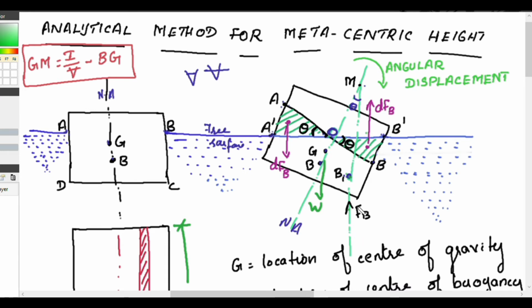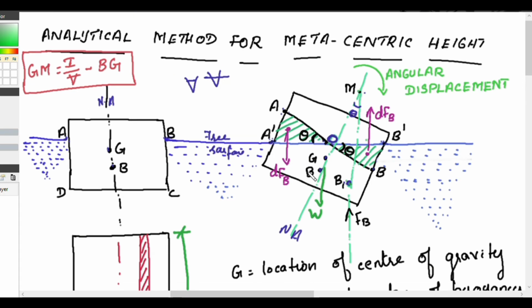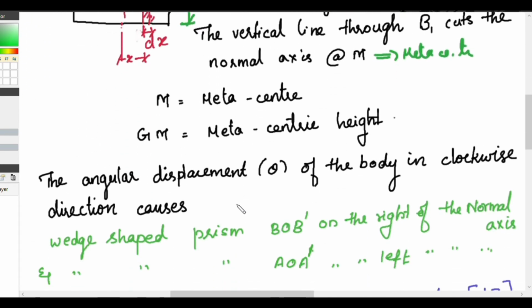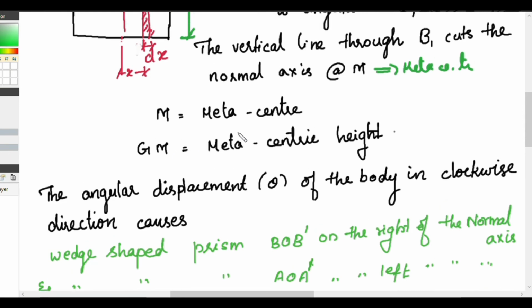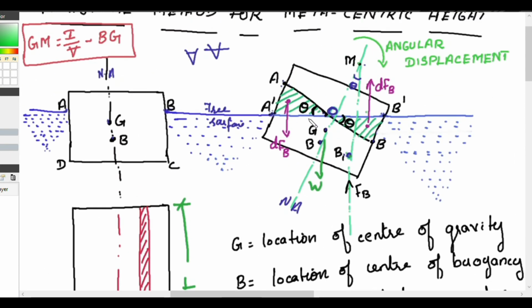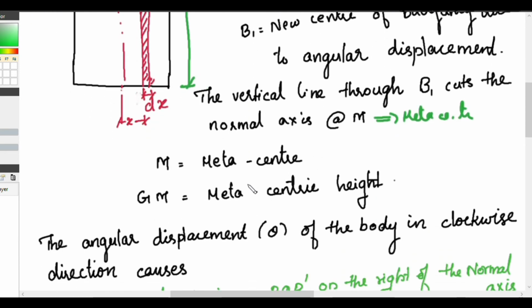So this buoyant force acts vertically upwards, and when extended, it will meet the normal axis at the point M. So this is called the metacenter. M is the metacenter and GM is the metacentric height. You can see this GM is the metacentric height. When the body is in equilibrium, you will not have any metacentric height.